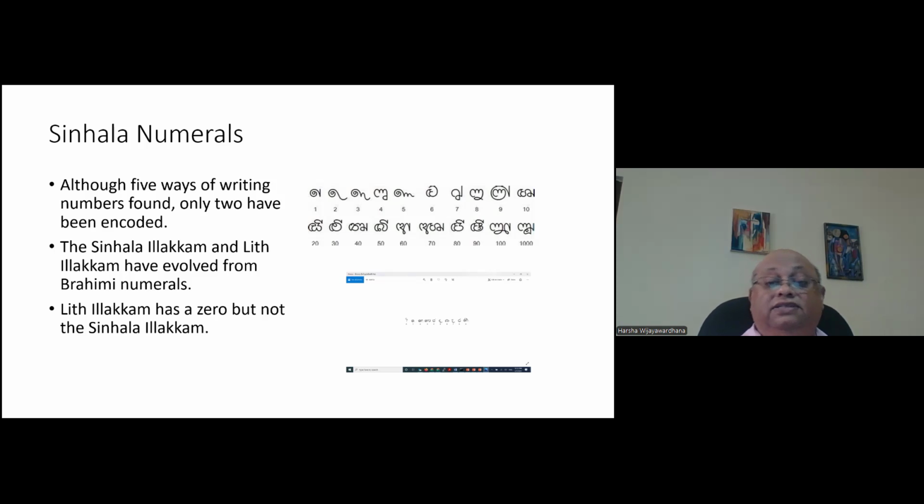Now, the interesting other part, in my next presentations you will see, is that the Brahmi is evolving in Sri Lanka as a multiplicative and additive system. And with that, we can show that something happened somewhere between the 4th and 5th century, giving rise to these two sets of numerals. And one of these scripts actually had a 0.